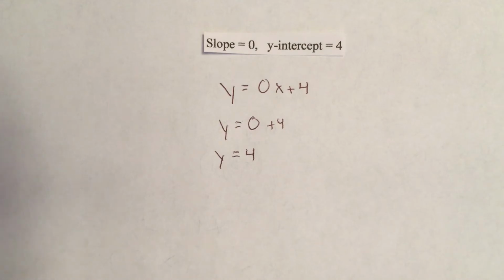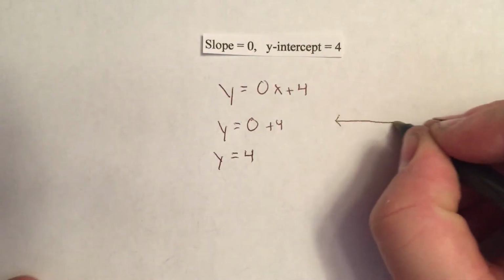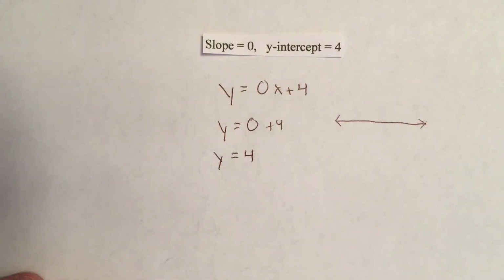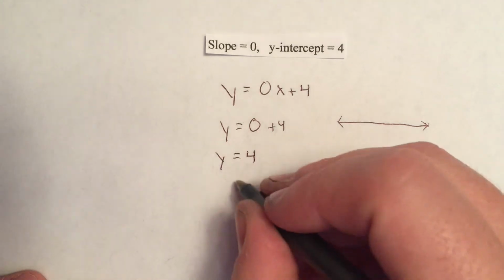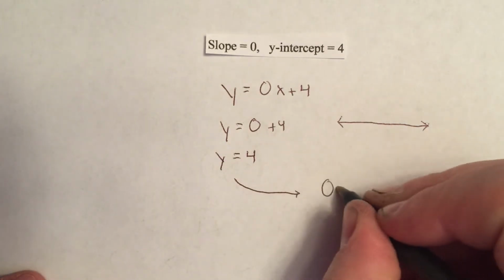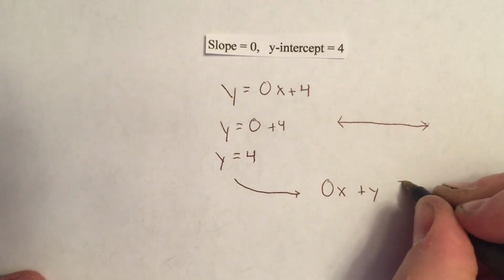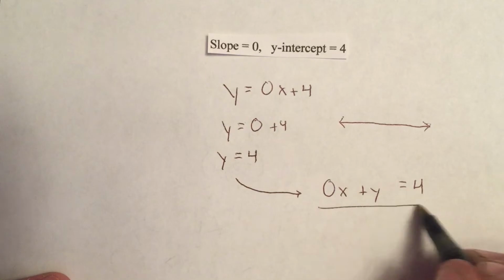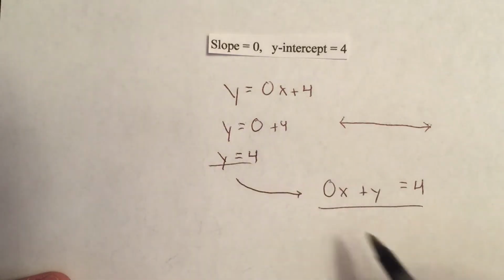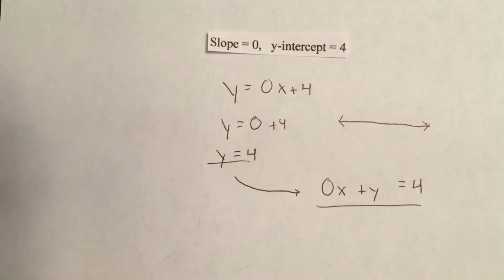What that means is there is no slope, and the line that we would draw would be a horizontal line. It would look kind of like this on the graph, and it's actually already in standard form. If you wanted to be really accurate, you could do this: 0x plus y equals 4. That would be actual standard form, but regardless, this is slope-intercept form, this is standard form. They're both equivalent.